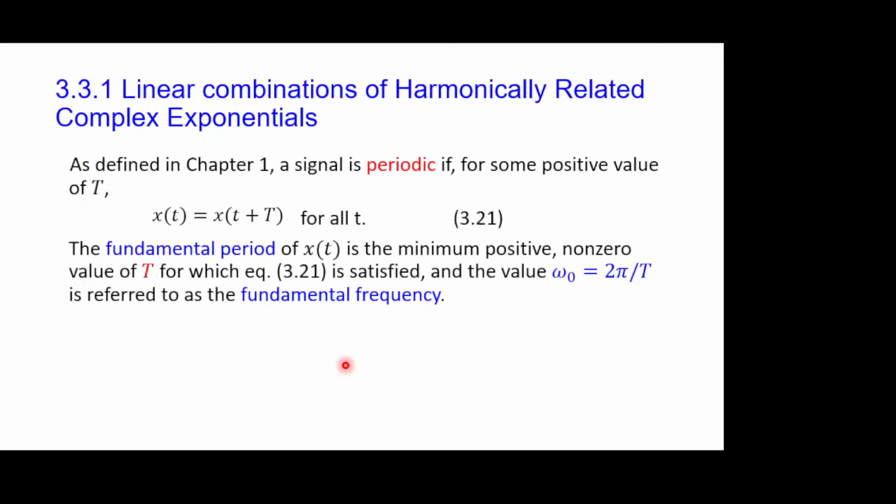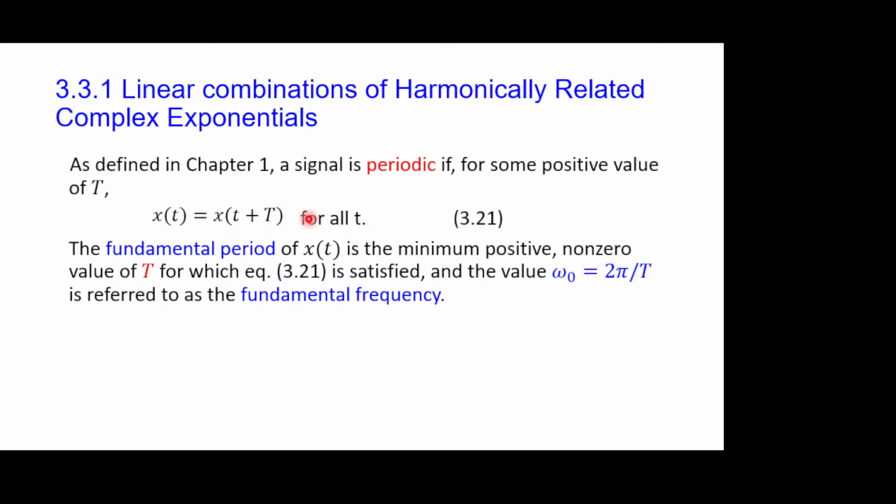So let's first get a review on periodic signals, because it's been quite some time. We talked about those in chapter 1. In chapter 1, we say a signal is periodic if there is a period big T such that x of t equals x of t plus big T for all time t.